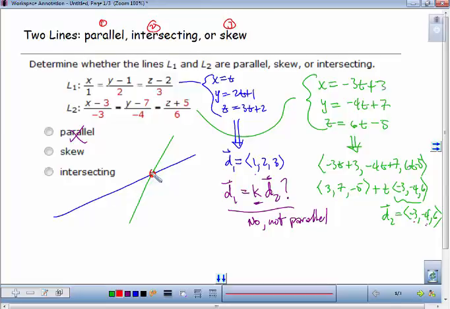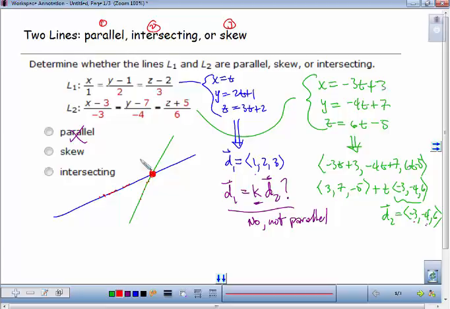Do you know what I mean? You're drawing this line at a specific time, and let's say it passes through this point, and you're drawing this other line at another specific time, then it might pass through that same point, but not at the same time t. Do you understand what I'm saying?